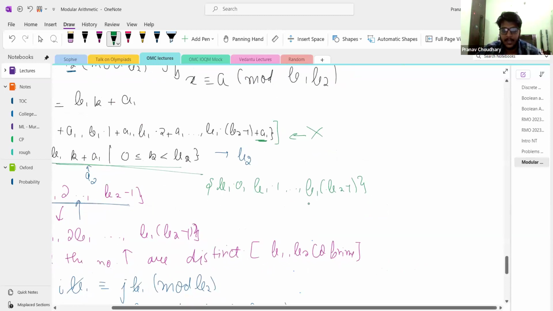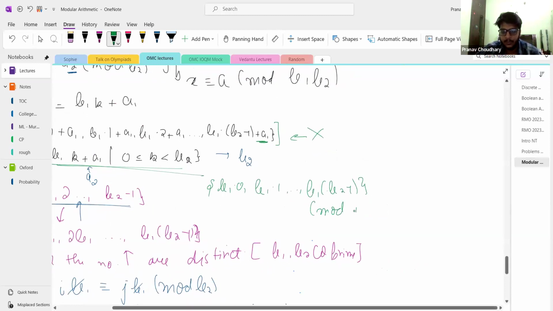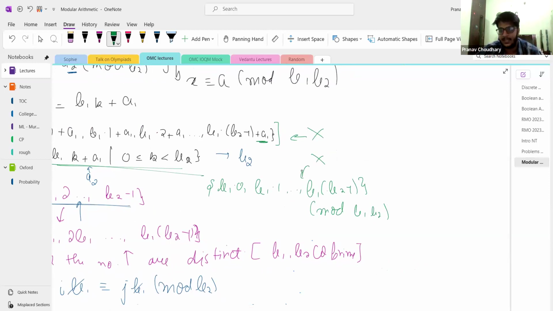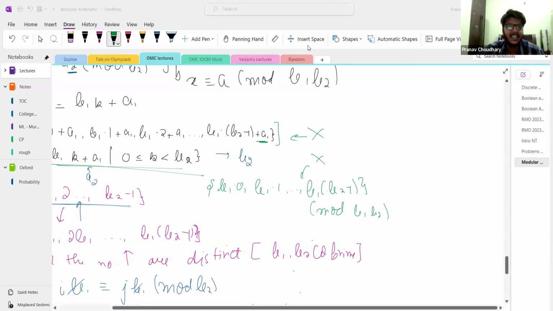These are some numbers modulo b1 b2, and I know my x lies in this set. It's exactly one of the elements in this set. Okay, I messed up the explanation. I'll start again.